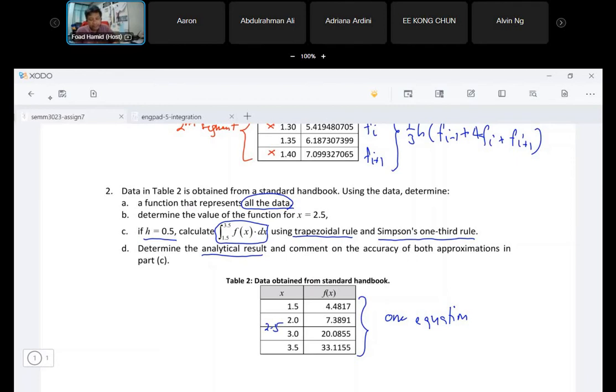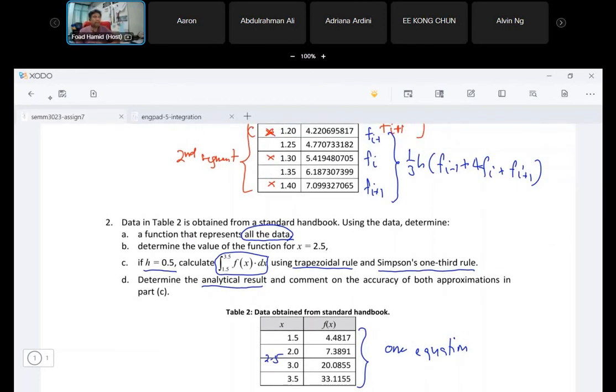So basically, these two questions are the same, except that now the function is not given. It is given only in the form of data points. The other thing is it is also not giving you the analytical result for you to find the relative error. So question number 2 is a little bit up in difficulty from the first question.